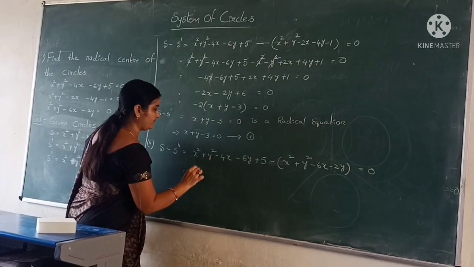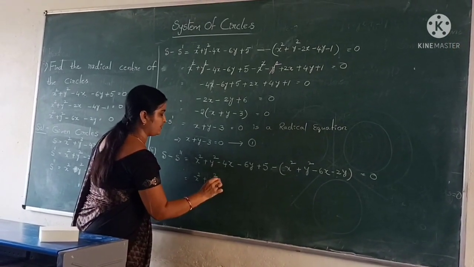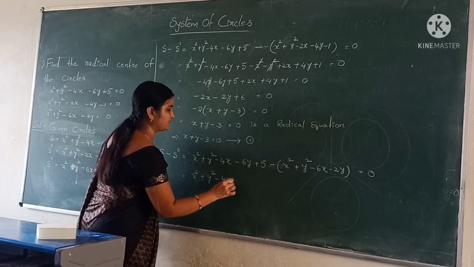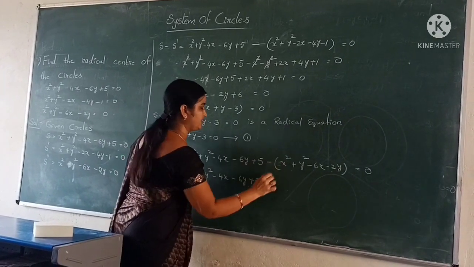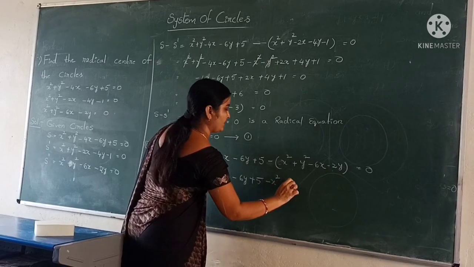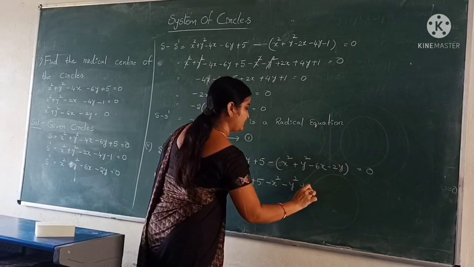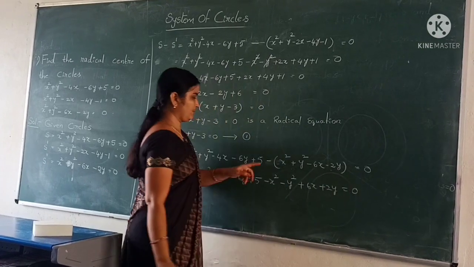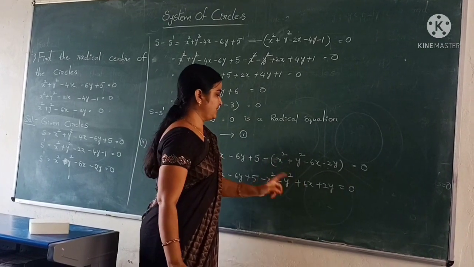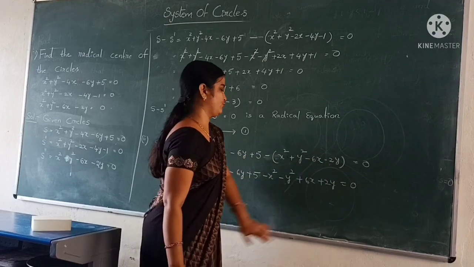Here x square plus y square minus 4x minus 6y plus 5 minus x square minus y square plus 6x plus 2y is equal to 0.